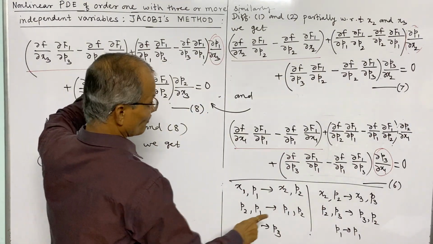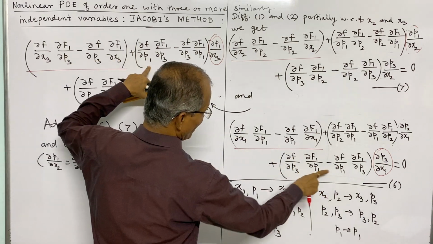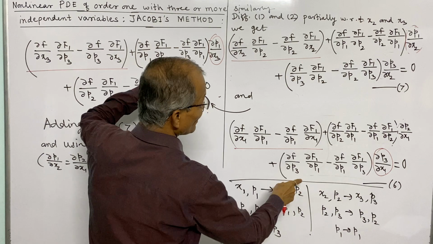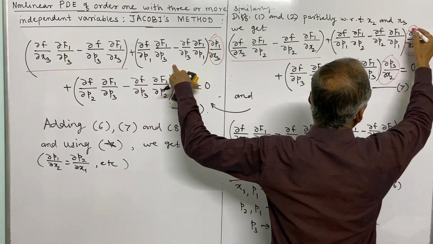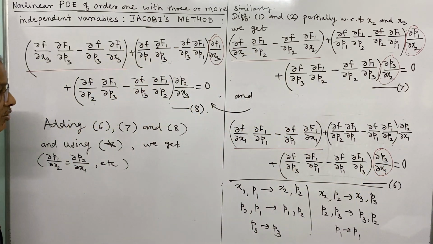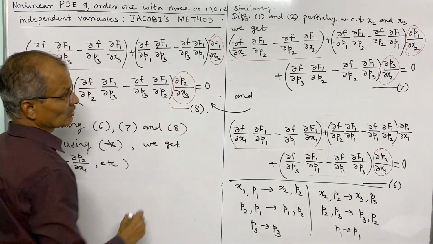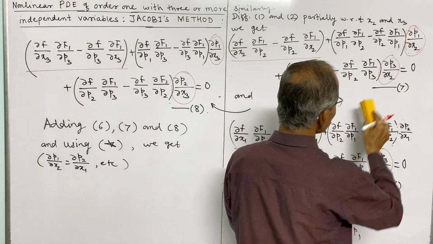See, ∂f/∂P1, ∂F1/∂P3, positive, negative, and this is positive and this is negative. So these two terms cancel. Now these two terms cancel, and what remains is ∂P2/∂x1, ∂P2/∂x3, and so this is here.